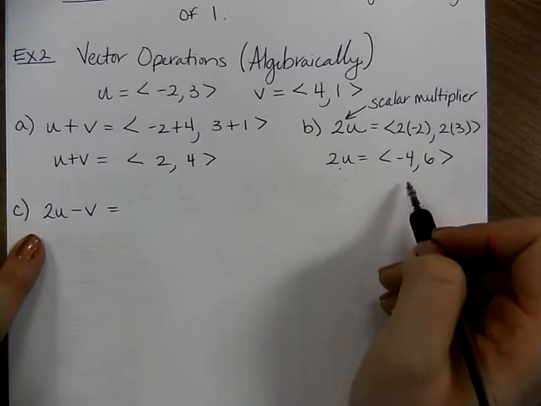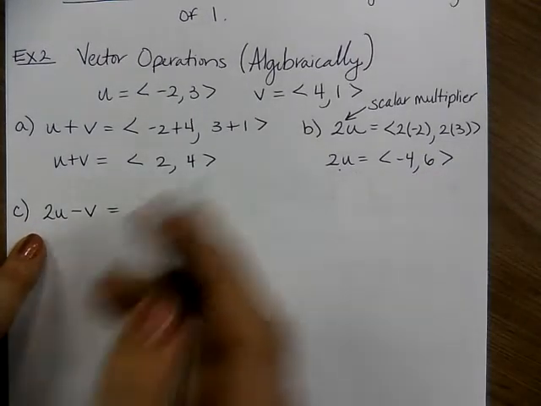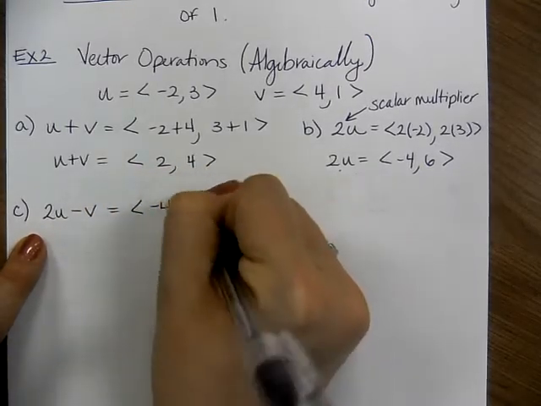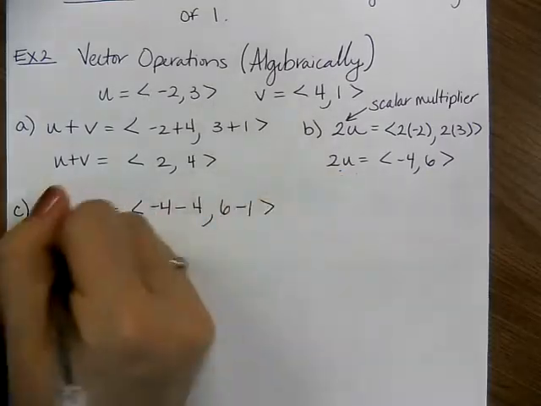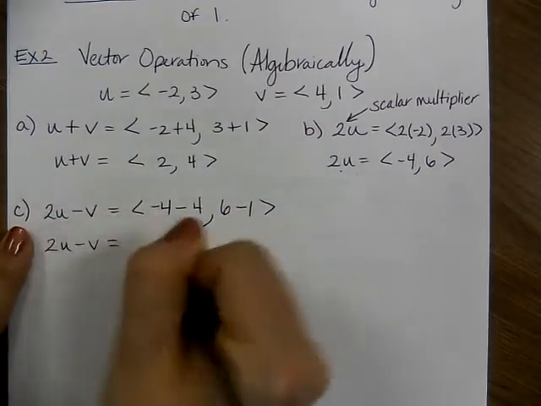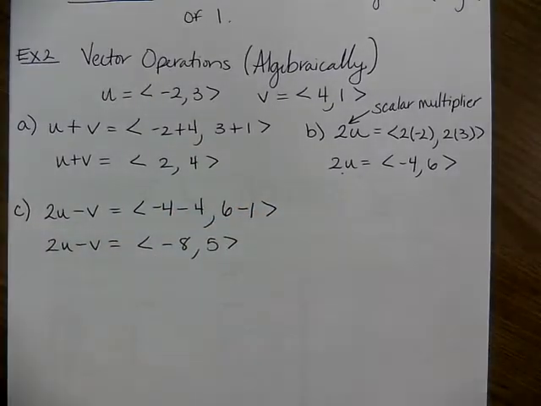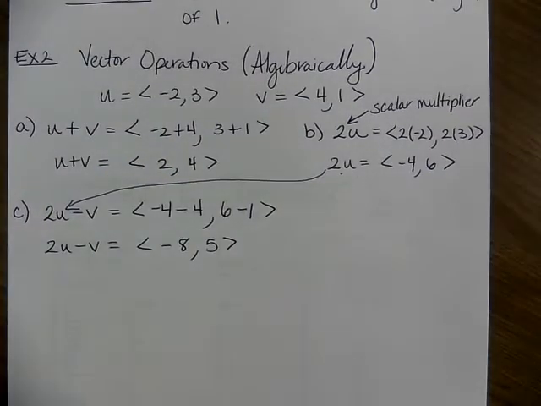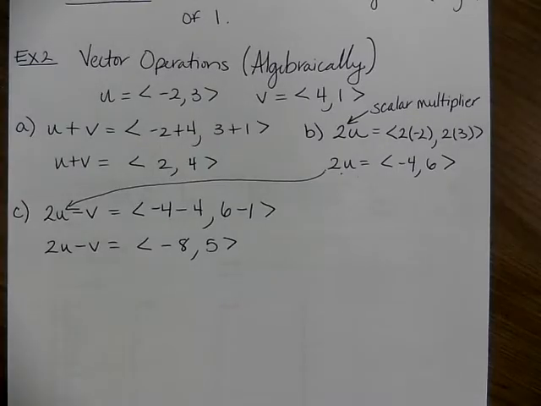I calculated it in b. So you're going to multiply 2 by u. I've done that. And now I'm just going to subtract v. So I'm going to have negative 4 minus 4, comma, 6 minus 1. So 2u minus v is negative 8, 5. So maybe make yourself a note here: 2u we already calculated. Any questions on the algebraic operations?